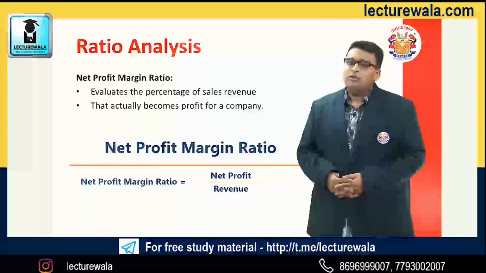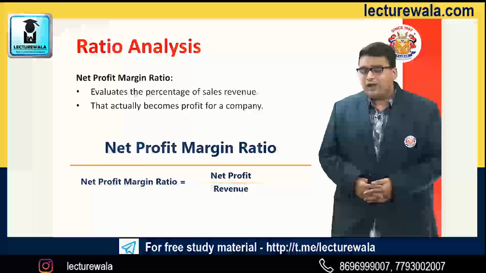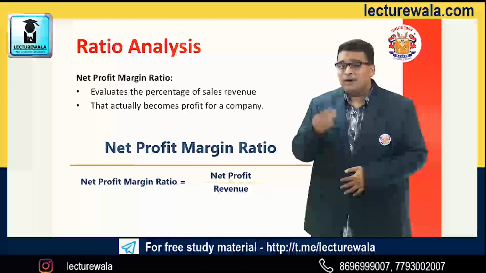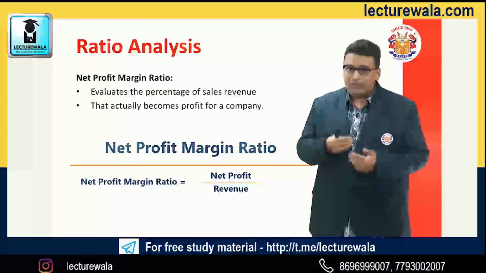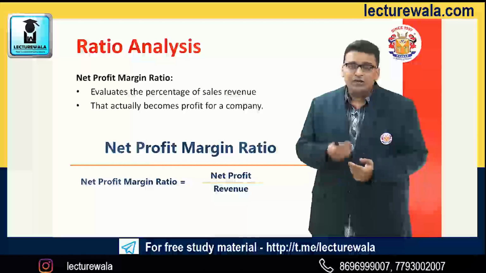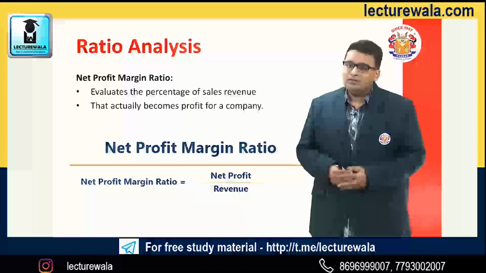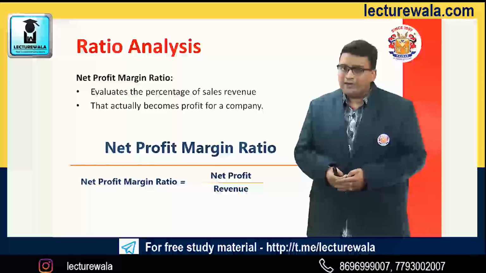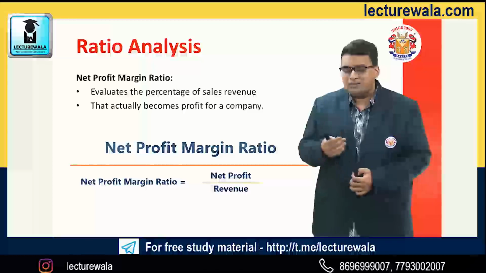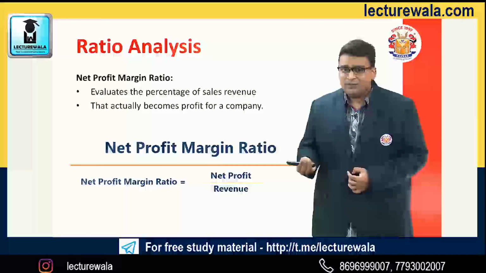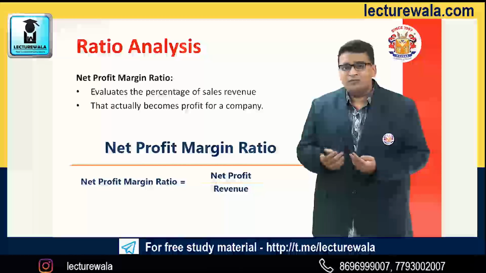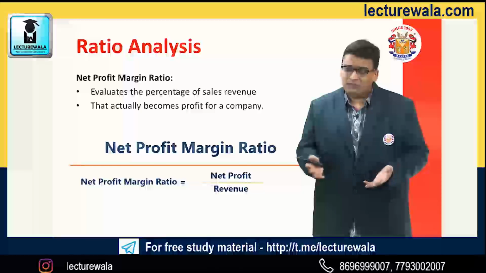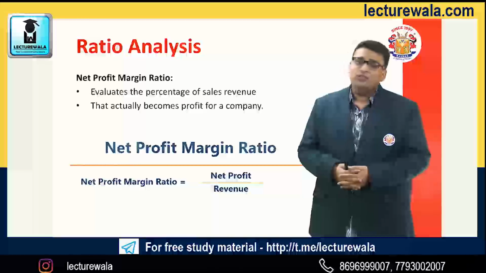Net profit is derived by deducting the trading expenses and also various supportive expenses, that means the non-trading expenses, like miscellaneous expenses or supporting expenses such as electricity bill, telephone bill, or any other supportive activities and so on.